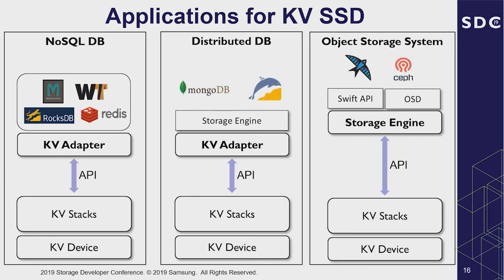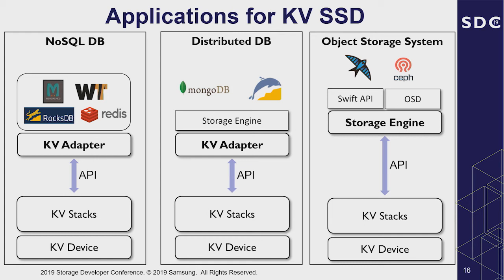So applications for key value SSDs. They can run the gamut. What I've tried to do, I actually stole something from a Samsung presentation almost 3 years ago. So I don't want to go into a whole lot of detail, but my purpose of stealing this was to show the fact you have different applications that have different pieces of host code that are necessary to interface to the API, to your KV stack, and eventually to your key value device at the bottom.